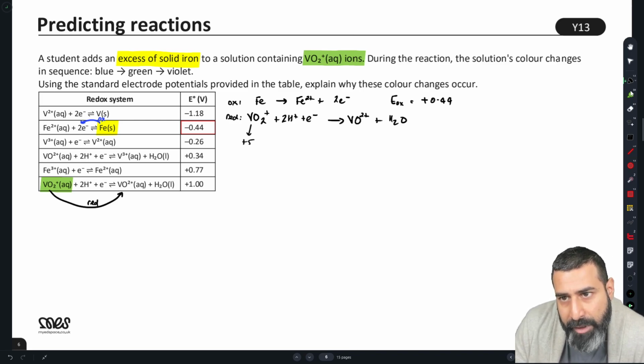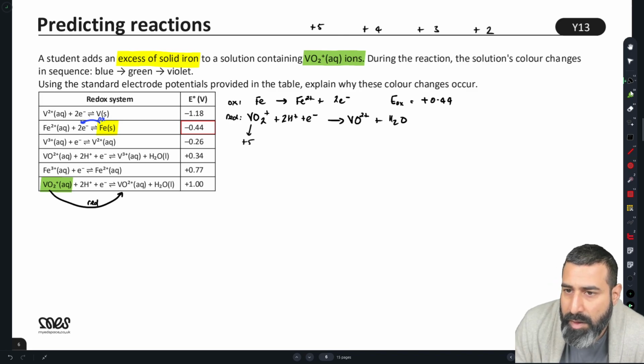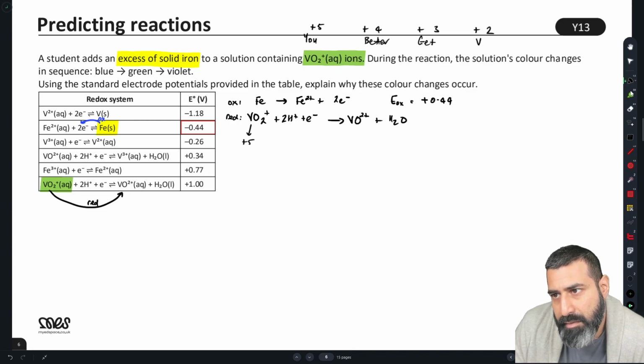And if we remember the colours, +5, +4, +3, +2, it's "you better get vanadium."